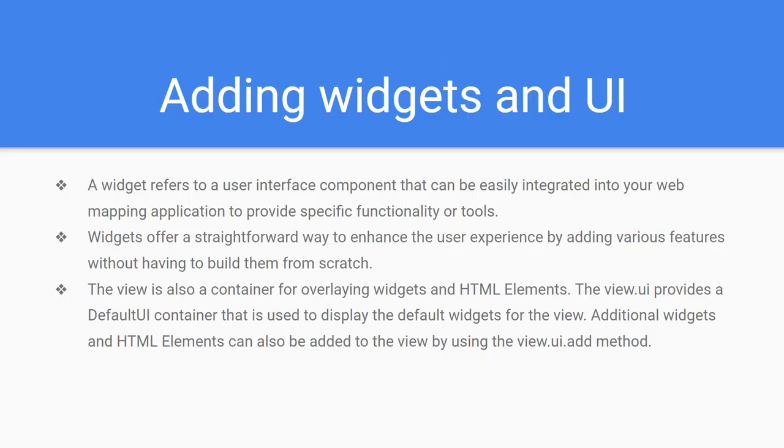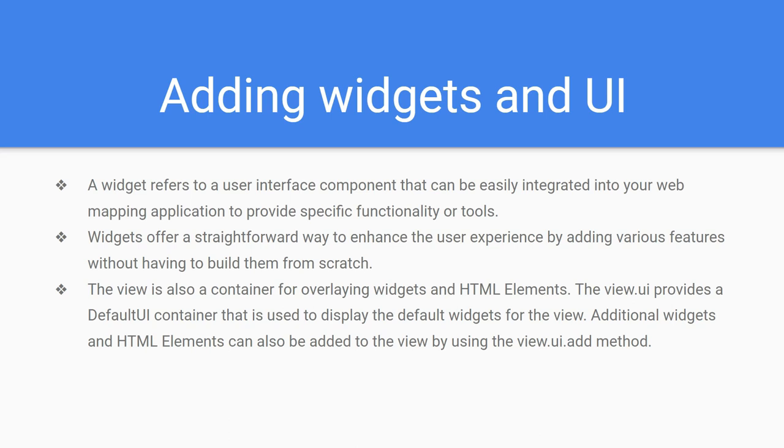Basically, a widget refers to a user interface component that is easily integrated into your web mapping applications to provide specific functionality or tools. We don't need to build any tools from scratch. The tools are already built by Esri.